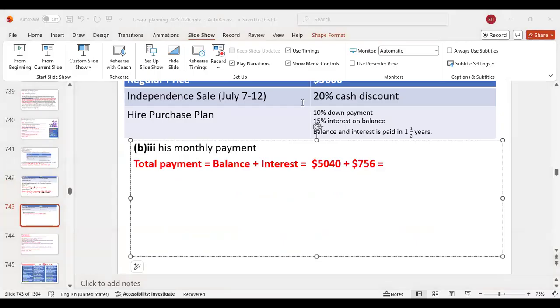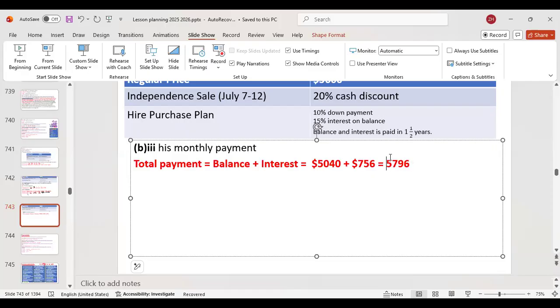So let's add them. When we add them, what do I get? 5,796.